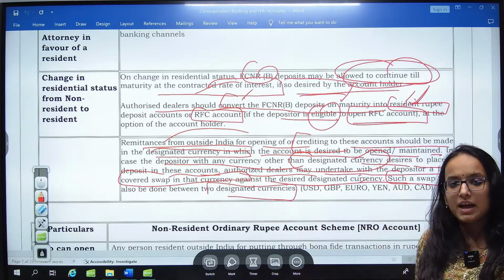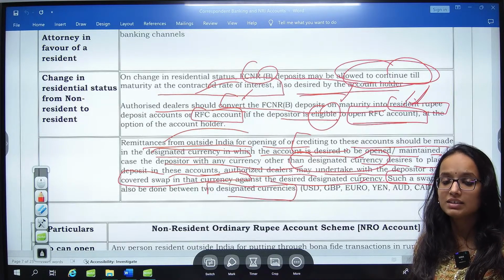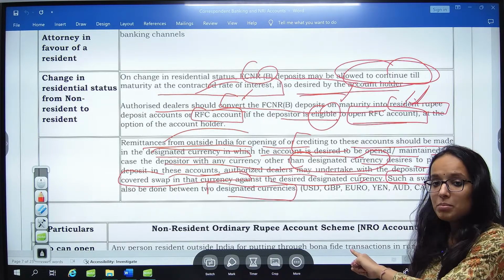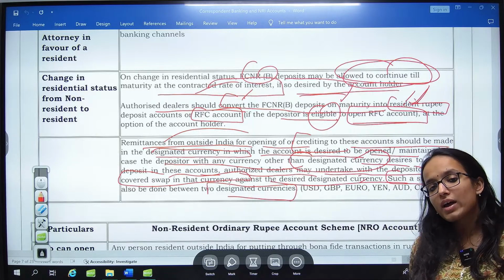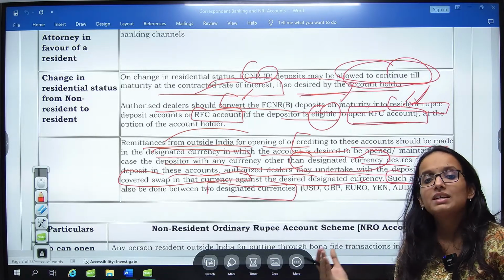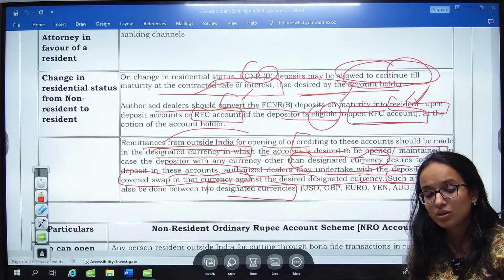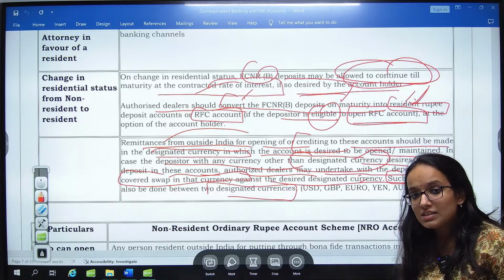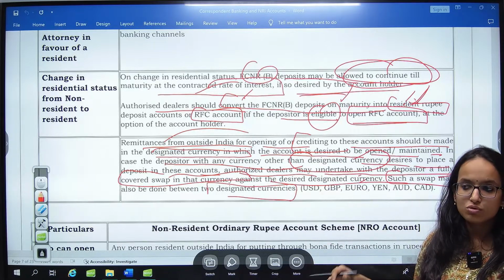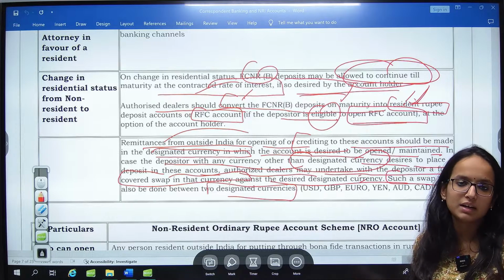So it is a facility if you have a currency other than the designated ones, but remember what is written here: this currency swap can also happen between two designated currencies. So you can also exchange the interest and principal amount for another currency which is also a designated currency. So both can be designated currencies. Clear? You can have a swap in that as well.